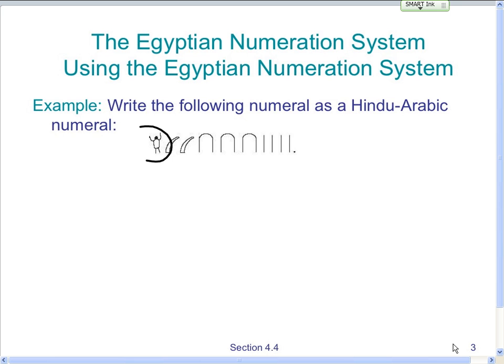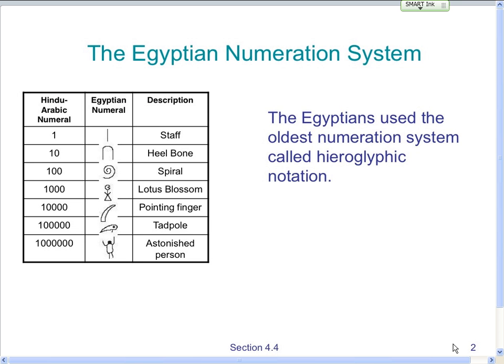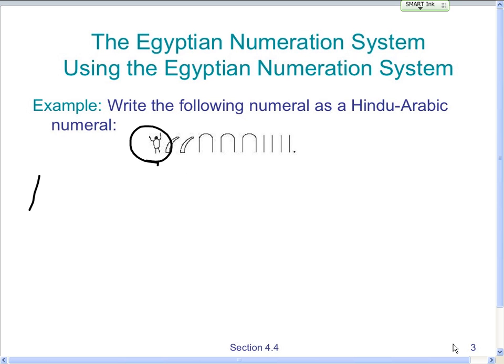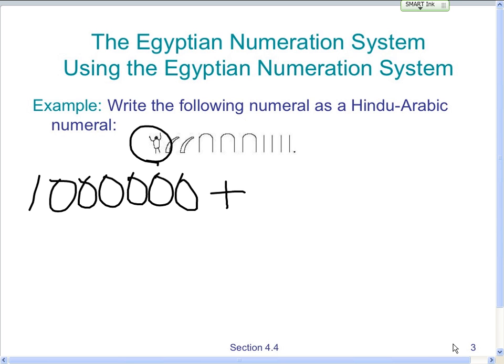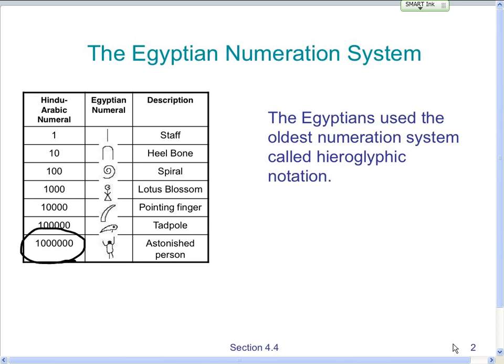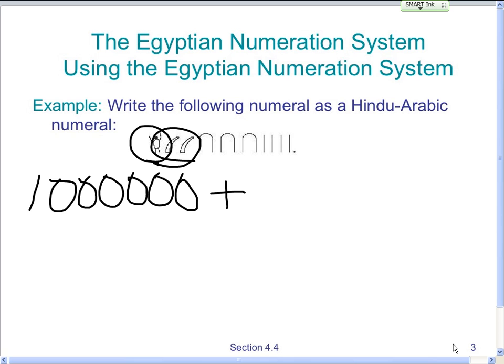So if this represents a million, that means I have a million. Plus, I have two of these, and those represent 10,000, so that gives me 20,000.